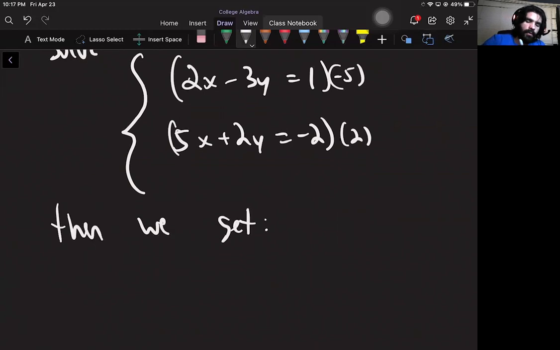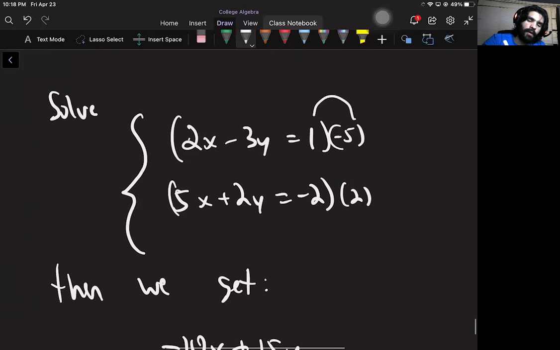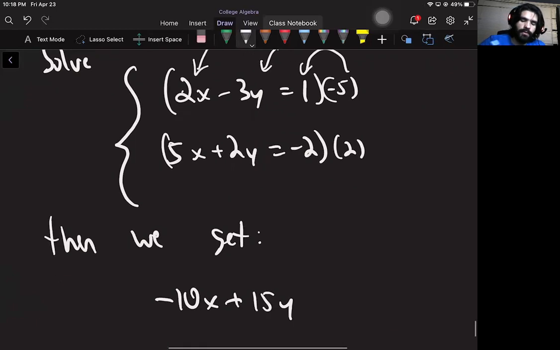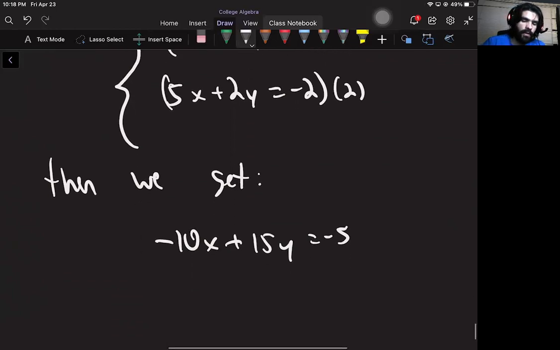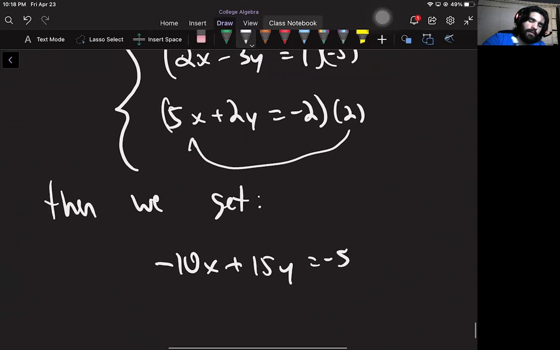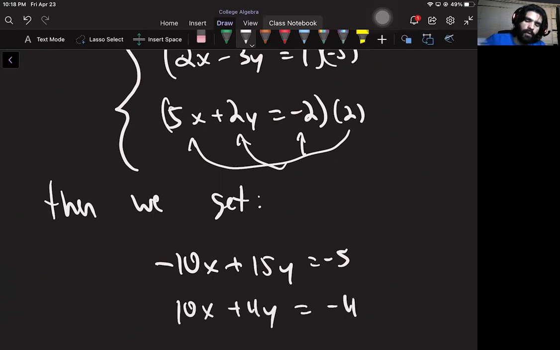The top equation becomes -10x plus 15y, because I'm distributing this -5 through to everything, equals -5. And the second equation becomes, now I'm distributing this 2 all over the place, 10x plus 4y equals -4.